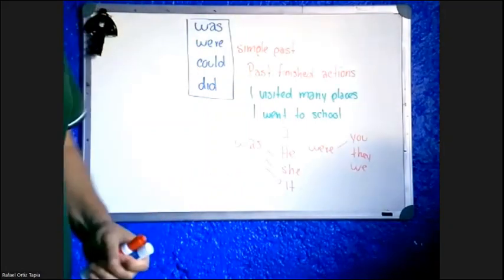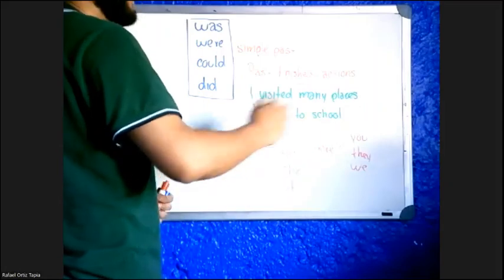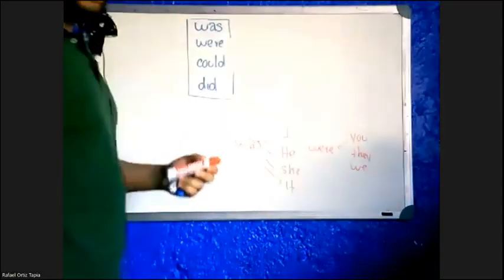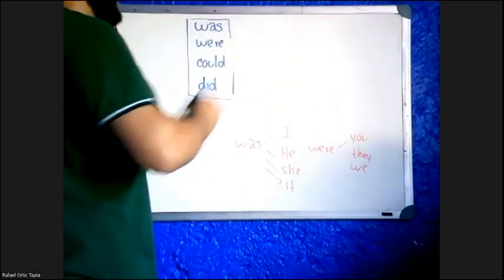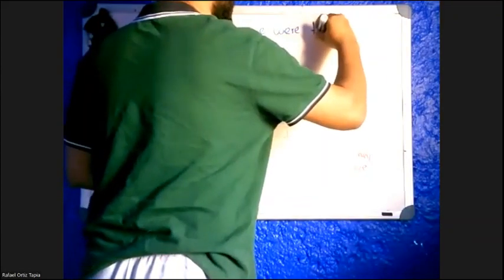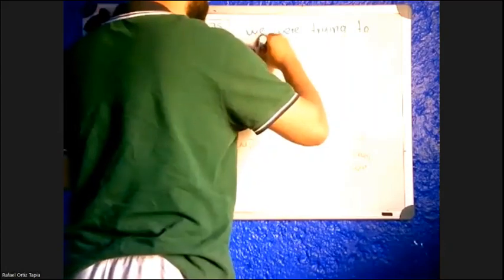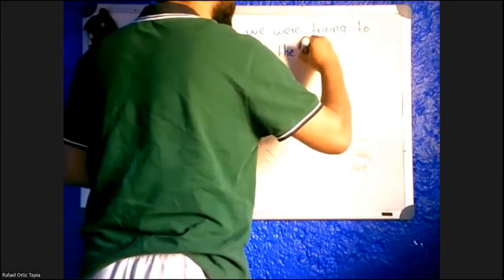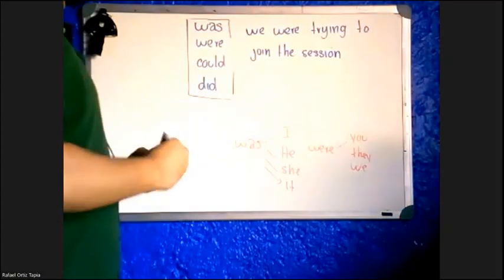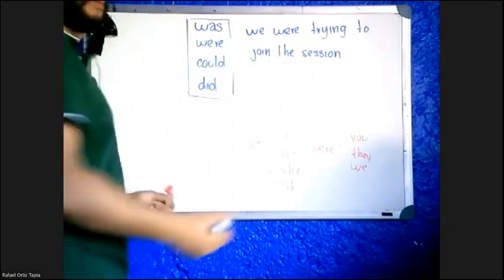Ahora, how am I going to know when it means estar or ser? So you need to have in mind the following thing, which is whenever you have another verb, like for example, we were trying to join the session. Okay, so what does it say there, Jorge? We were trying to join the session.